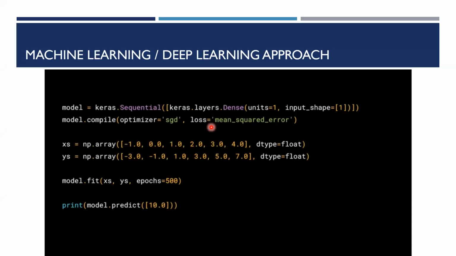There are other loss functions also, like cosine similarity, KL divergence, etc., which I will not be discussing here now. Using the loss function, you are trying to understand the error.